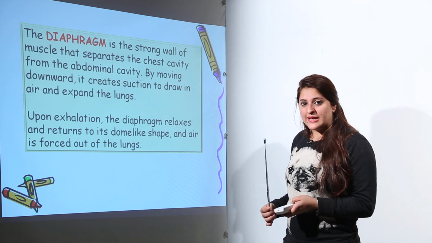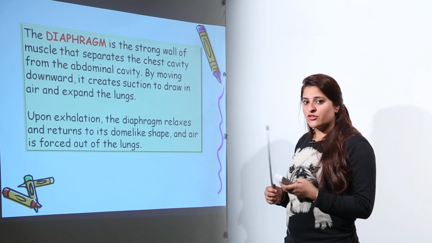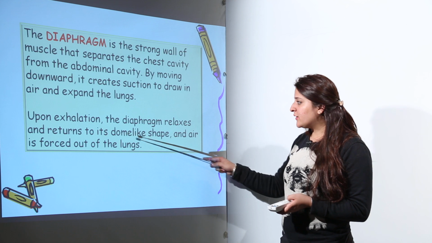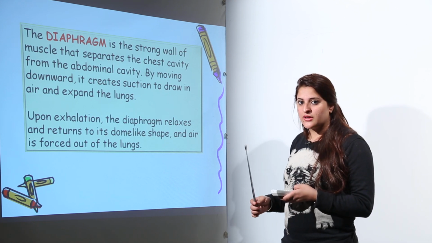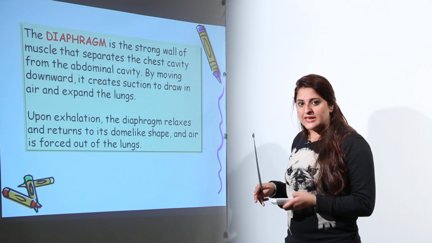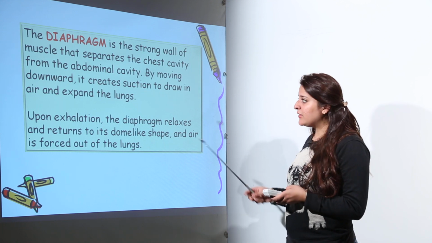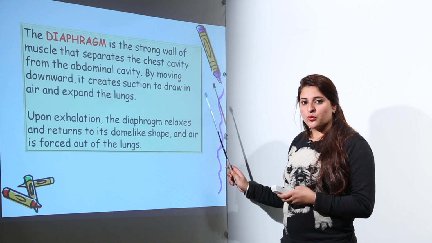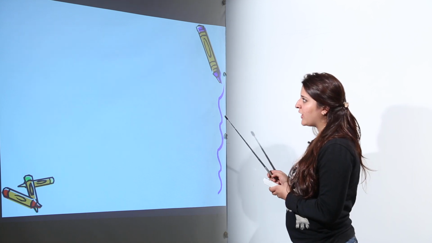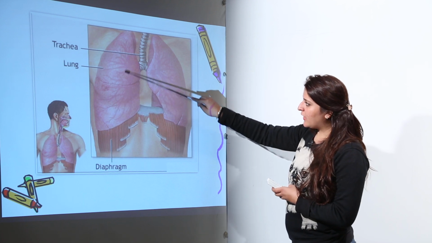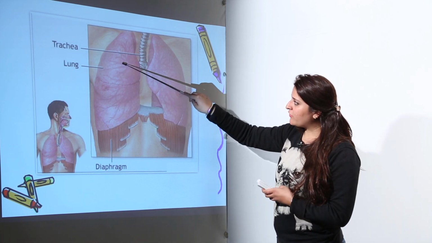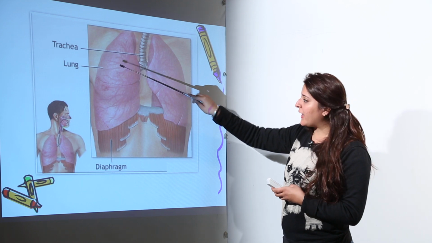When we exhale, the diaphragm relaxes and returns to its normal structure, and then air is forced out of the lungs. So it moves upward during exhalation. Now this is the trachea, and this is how the lungs look, and these are the various branches of the alveoli, bronchi and bronchioles.